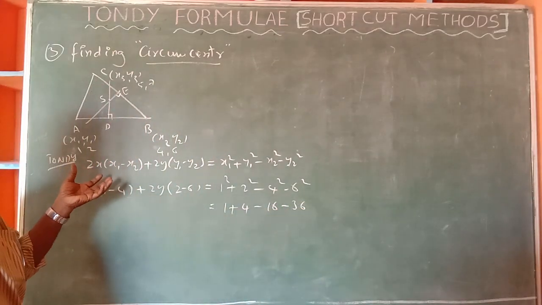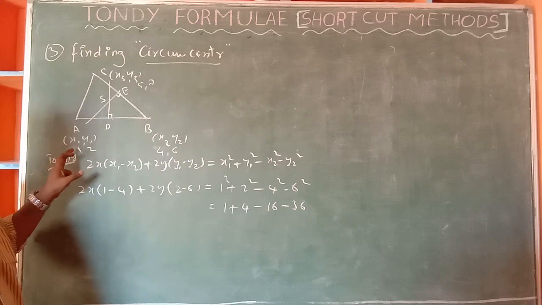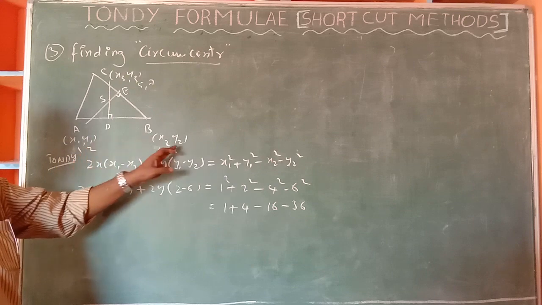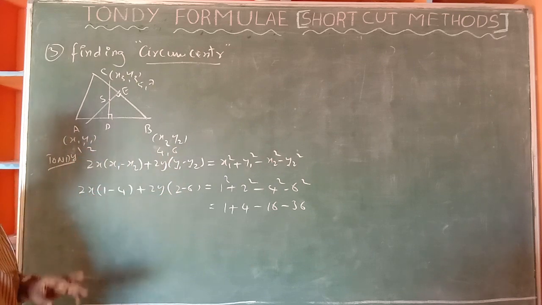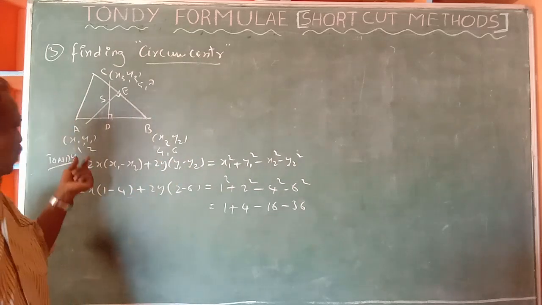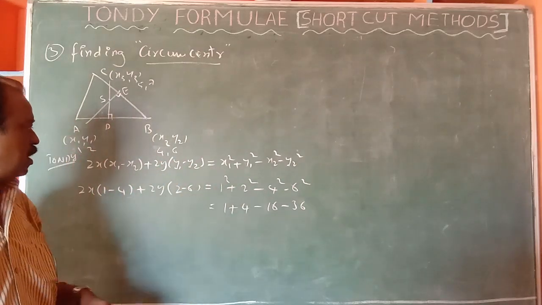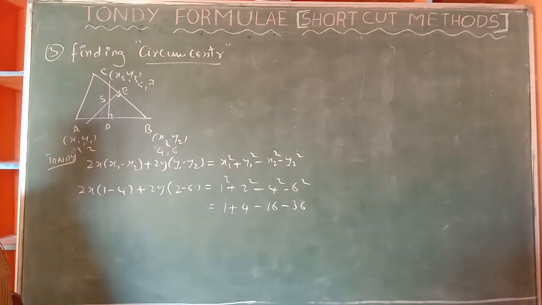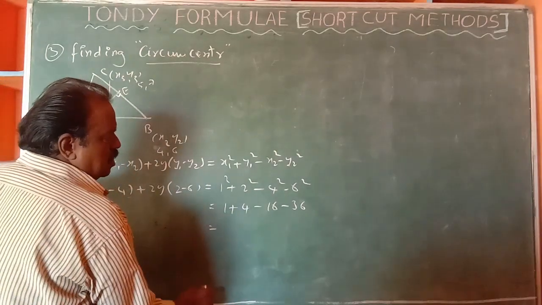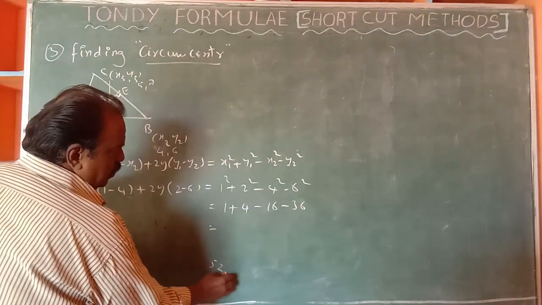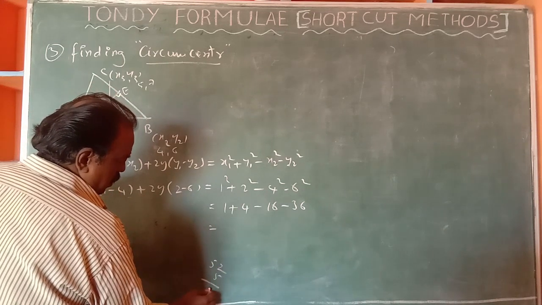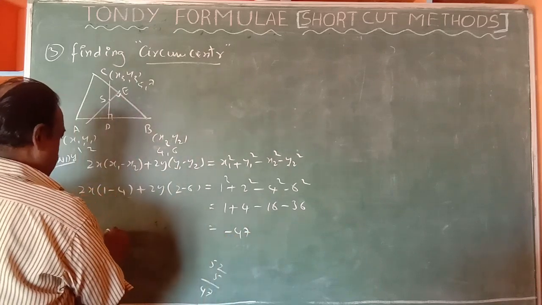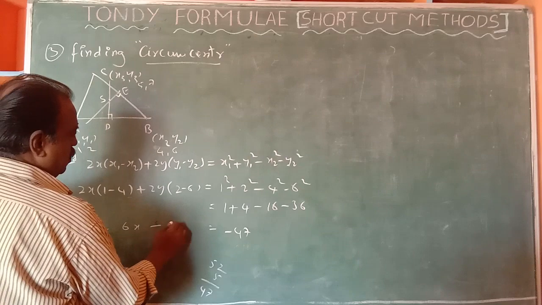Just we are solving the example: x1 minus x2 is 1 minus 4, y1 minus y2 is 2 minus 6, and x1 square plus y1 square is 1 square plus 2 square, minus x2 square, y2 square, 4 square minus 6 square. So it is 5 minus 52, that is minus 47, and it is minus 6x and minus 8y.